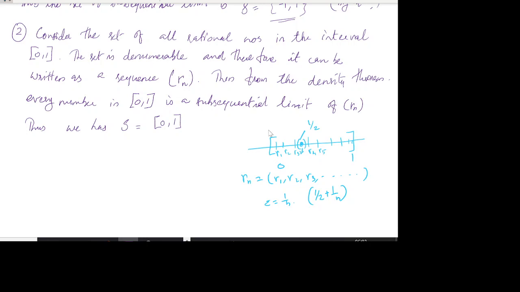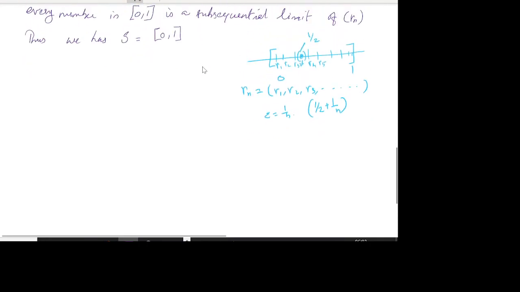Next we have a definition. Definition 3.4.10: the limit superior and limit inferior.